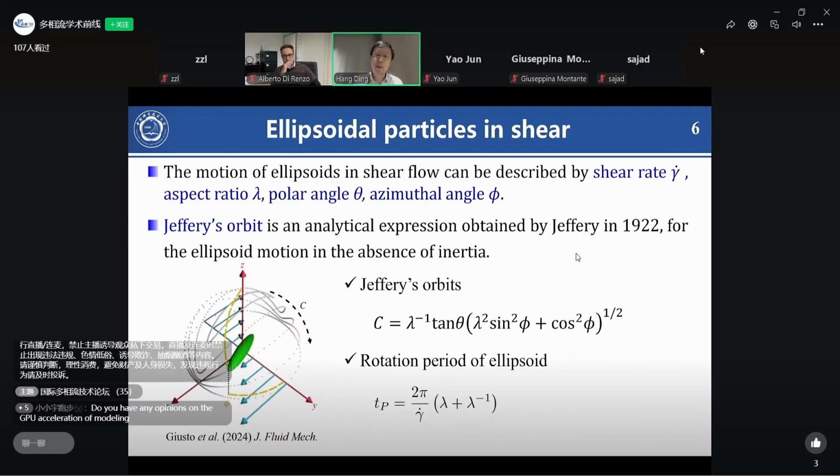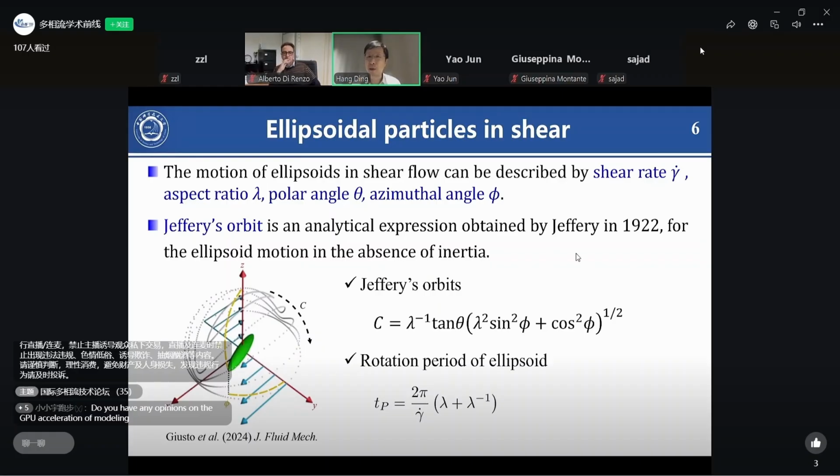For the macroscopic flows, actually for ellipsoidal particles in shear, the studies can be traced back a long time ago, up to Jeffery in 1922. It's well known that he has a very famous result, that's Jeffery orbits. He obtained an analytical expression for the trajectory of particles in shear flow.